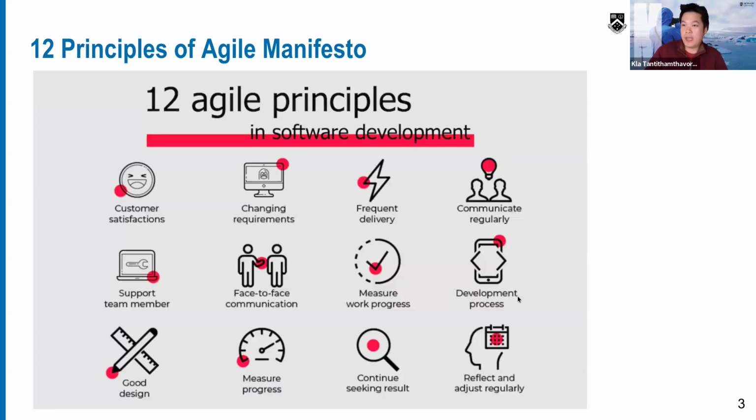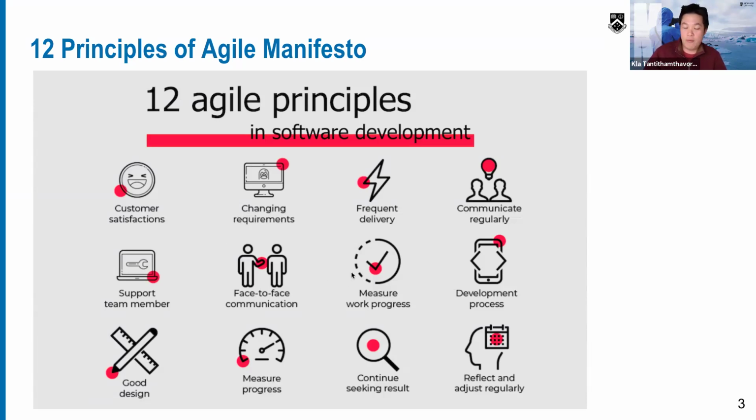Just want to remind you again that there are 12 principles of the Agile Manifesto. First, we focus on customer satisfaction. We embrace changing requirements, we embrace frequent delivery, and we communicate with the clients regularly. We really want to support the team members, and we encourage face-to-face communication.